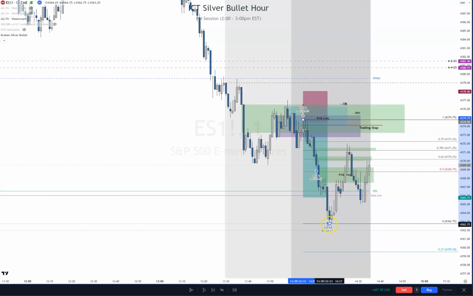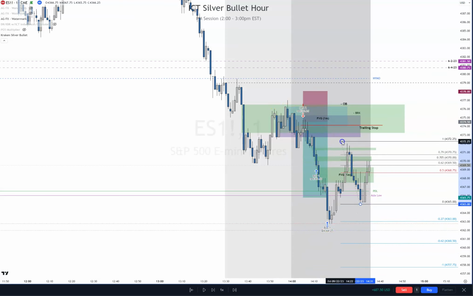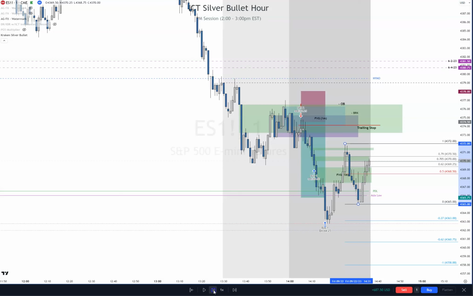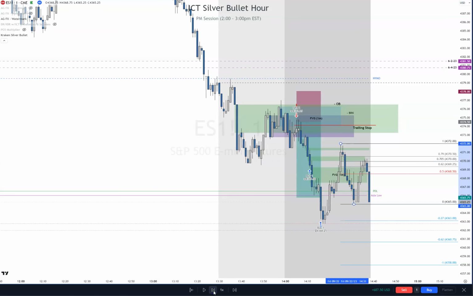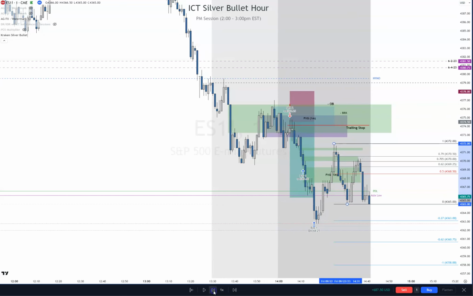And just to show how this still continues to work. Optimal trade entry again. And that's why I'm a fan of optimal trade entry.